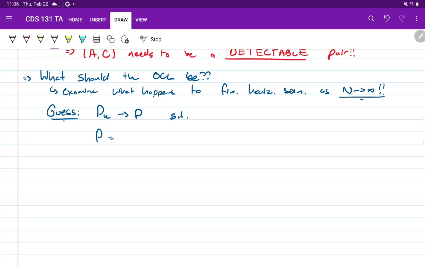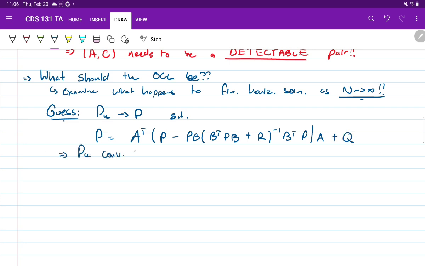So if we plug this in, we'll get that P equals A transpose times P minus PB times (B transpose PB plus R) all inverse times B transpose times P, times A, plus Q. So Pk converges backwards in time, because our recurrence is going backwards in time, to a fixed point of the discrete time Riccati equation.